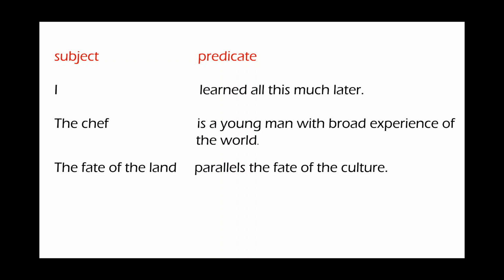Also, the third example: the fate of the land parallels the fate of the culture. Now, the fate of the land, this is a noun phrase made up of 5 words, and the predicate includes parallels the fate of the culture, the main verb, and the rest of the sentence.